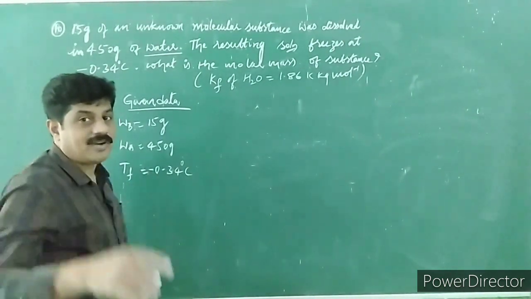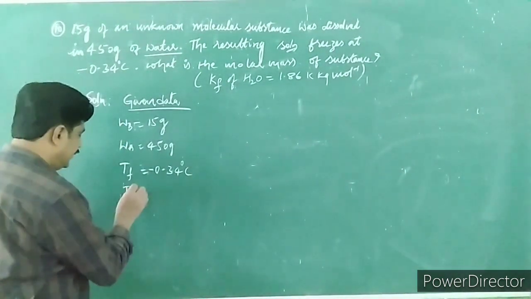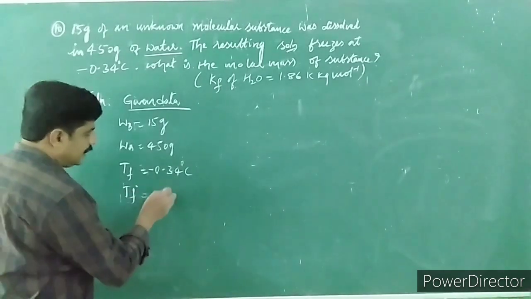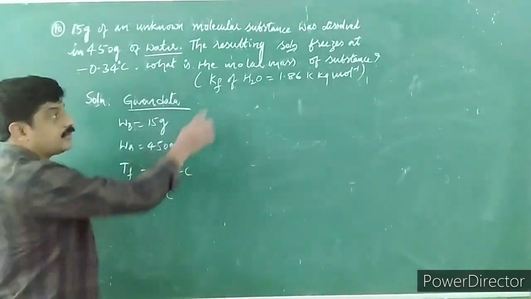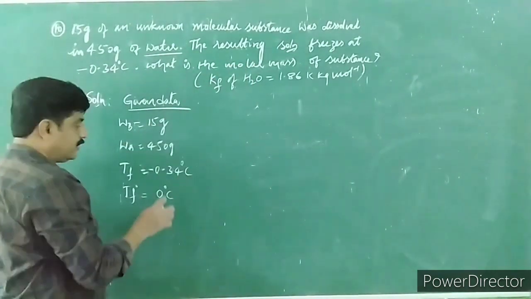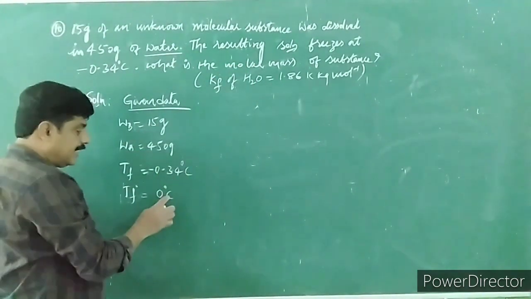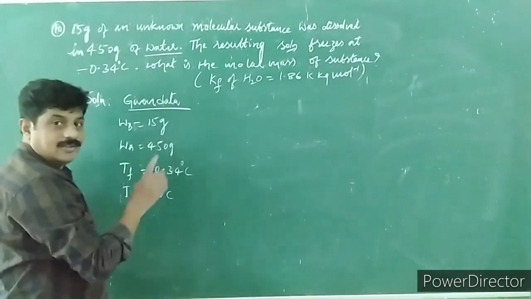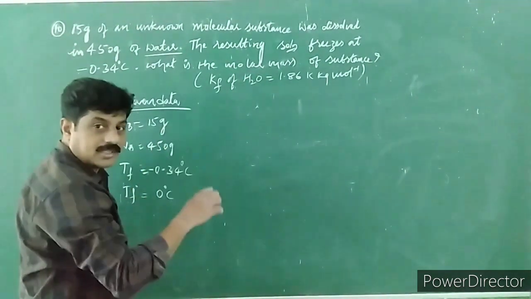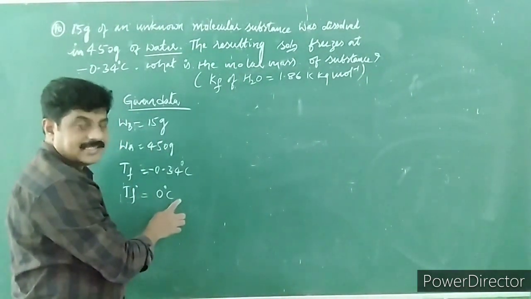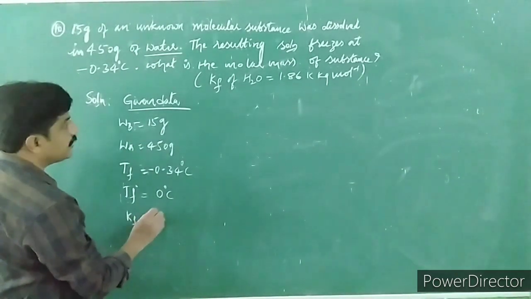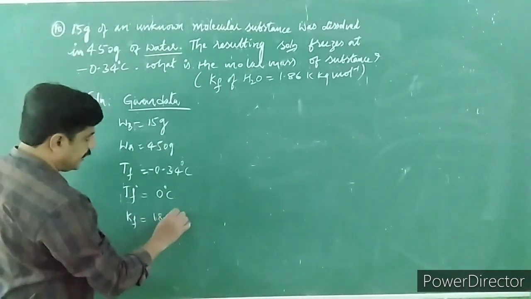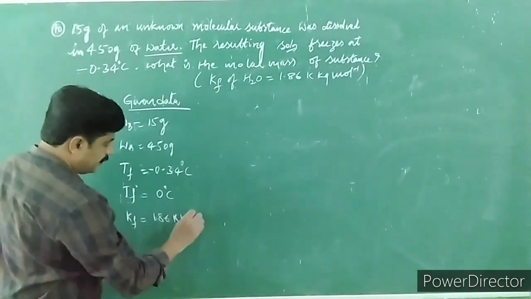That means the freezing point of water, you know, Tf naught is equal to 0 degrees Celsius. As this Tf, otherwise called freezing point of solution, is given in degrees Celsius, I should put the freezing point of pure water also in degrees Celsius. Next, Kf is given how much? It is 1.86 Kelvin kg per mole.